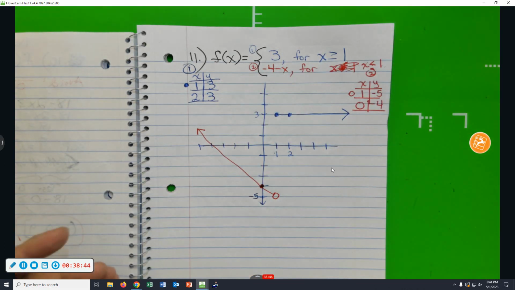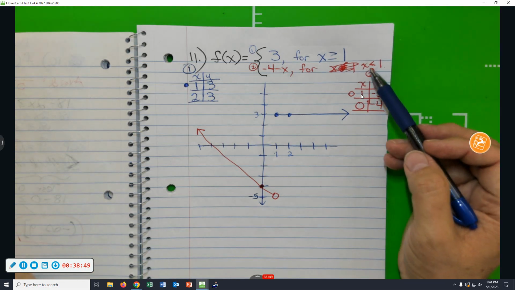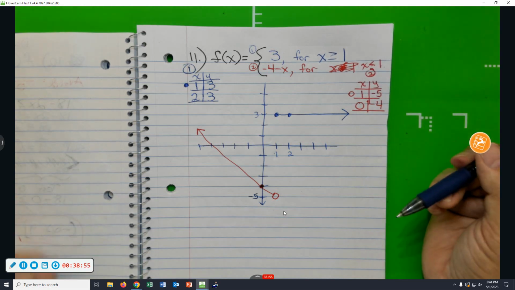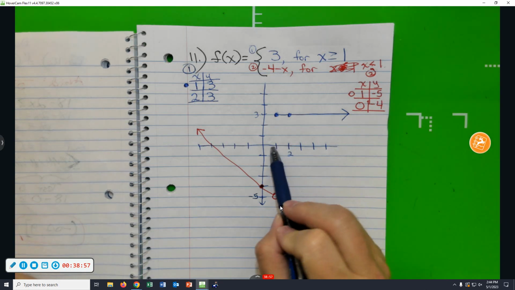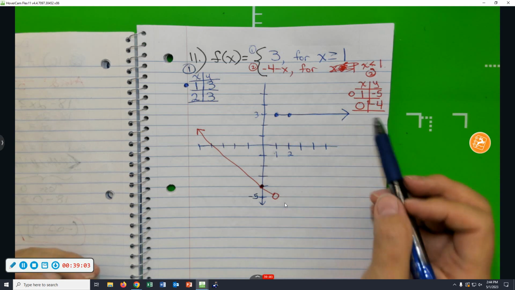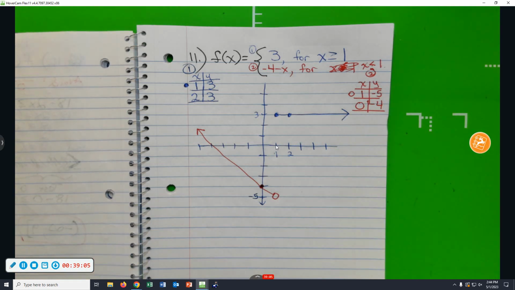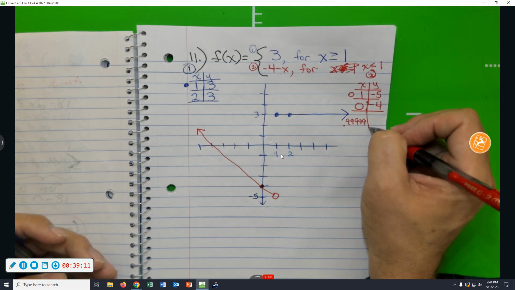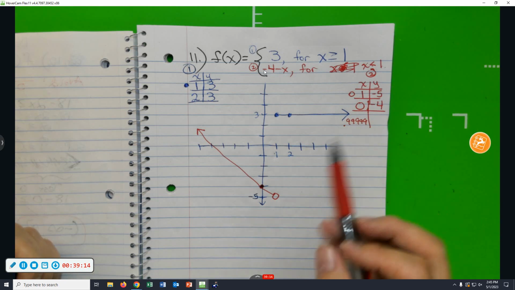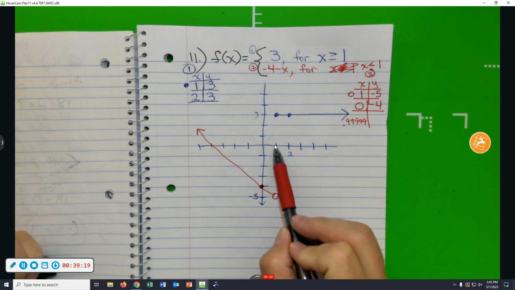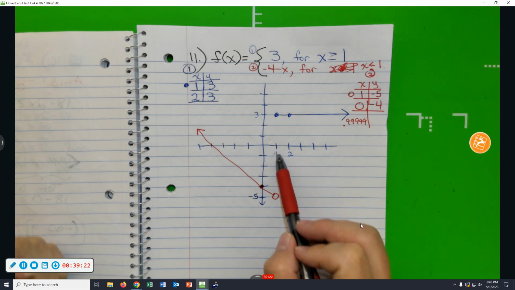Let's look back. X can't equal 1, but the real number system is dense. I claim that there are infinitely many numbers right there on the x-axis that look like 1, like 0.99999. If I told you to point to that number on the x-axis, it would look like you're pointing at 1.